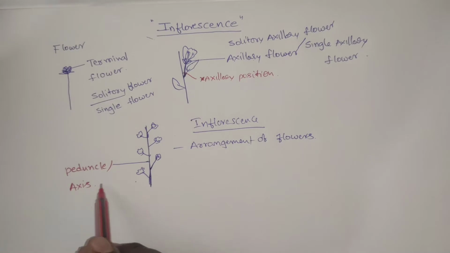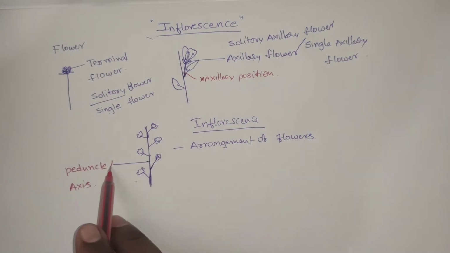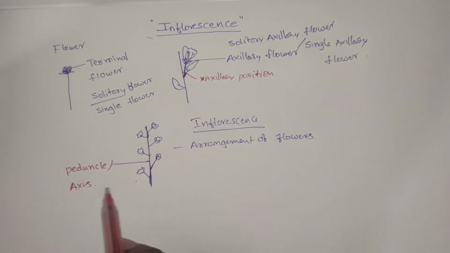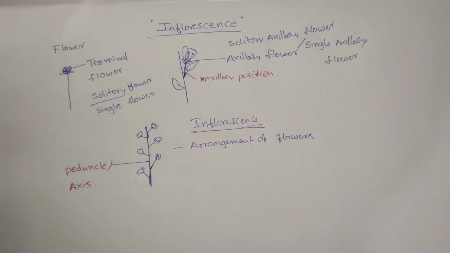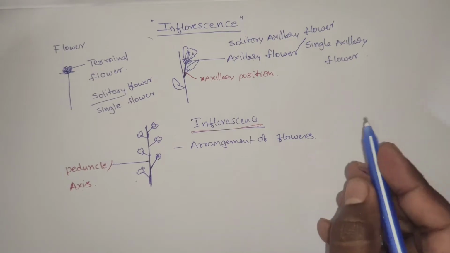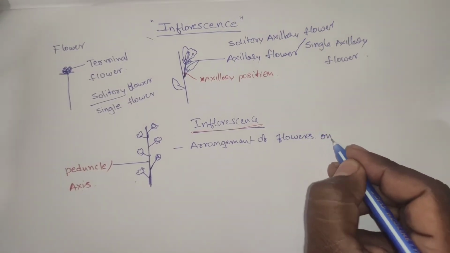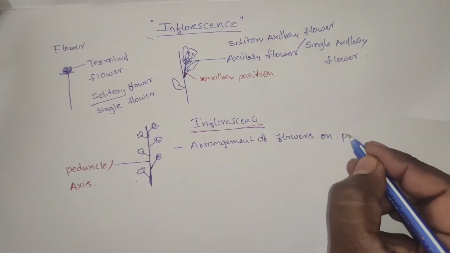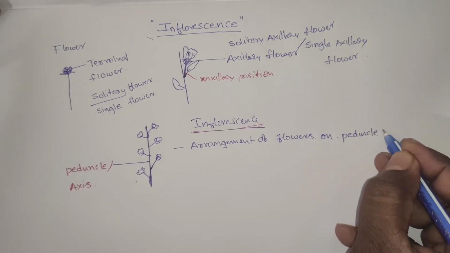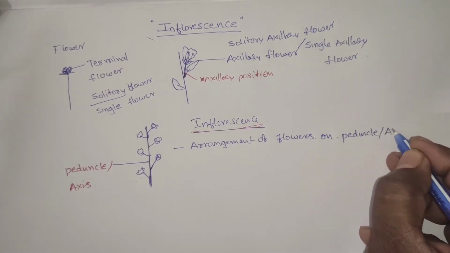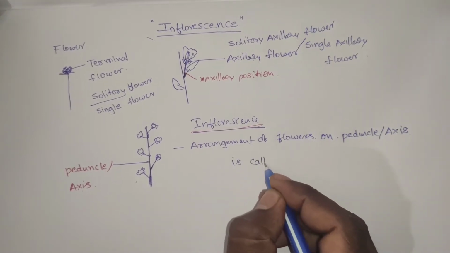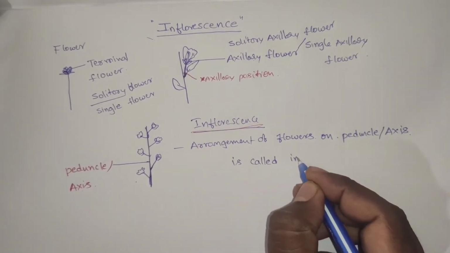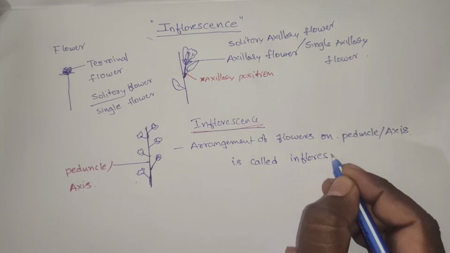So now you can define inflorescence like this: arrangement of flowers on the peduncle or axis is called inflorescence.